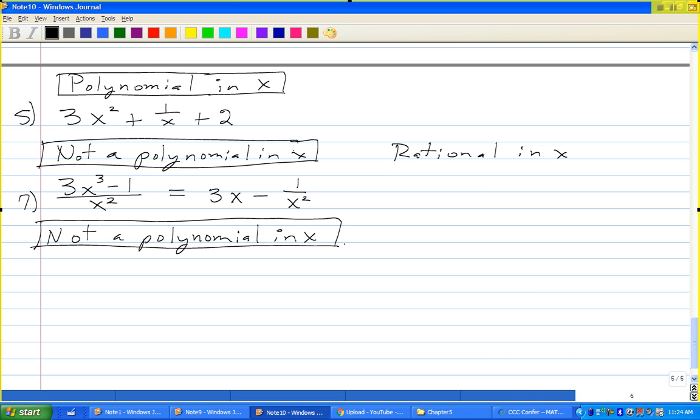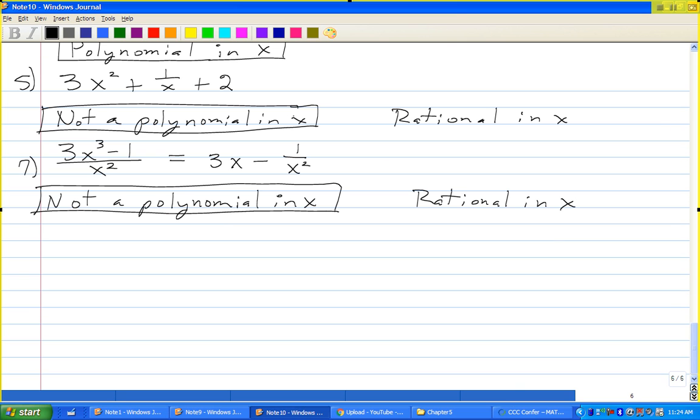Again, this is rational in x. Number 9. p cubed plus 4p squared minus 1.